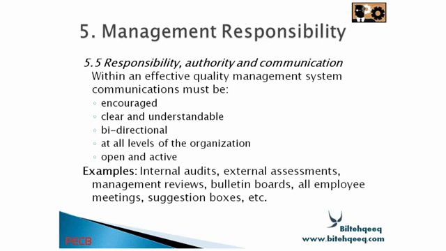If you have set a responsibility and authority of any person, it must be communicated to him and also to the other concerned persons. Internal audits, external assessment, management review, bulletin board, all employees meeting, suggestion box. These are all examples of communication channels.